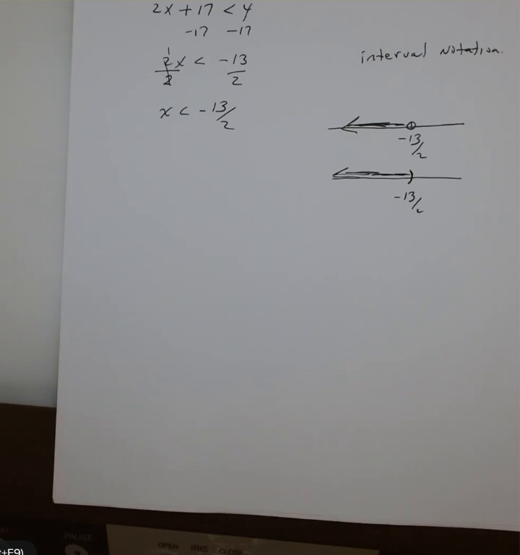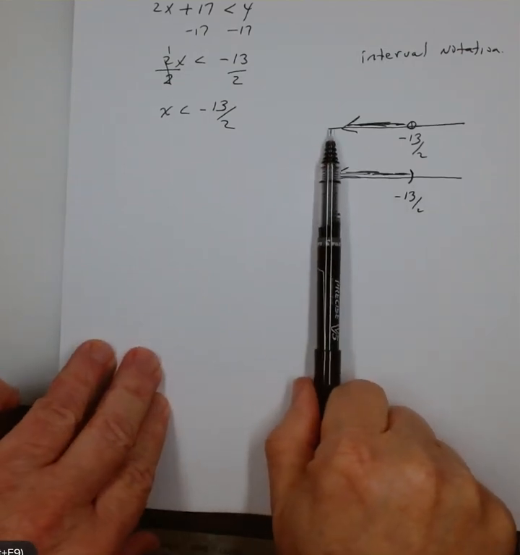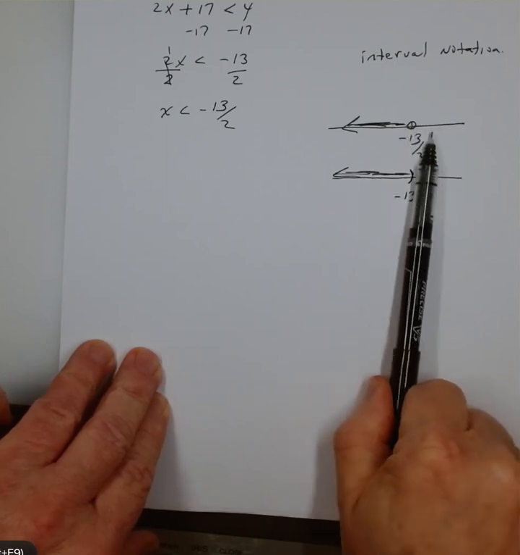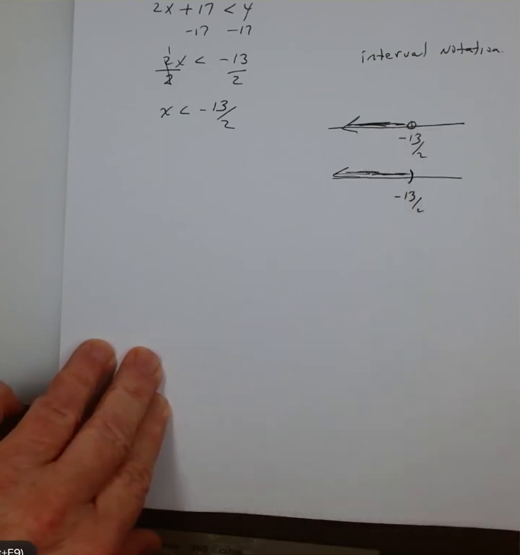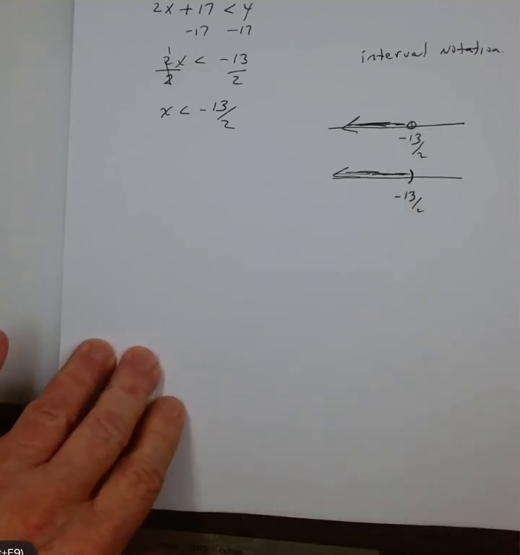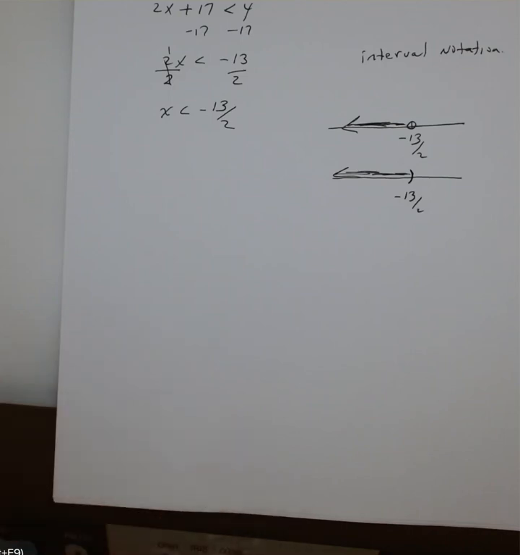Now to do the interval notation, you read it from left to right. Always go from left to right. That arrow is pointing towards what idea? Negative infinity. So as I go from left to right, I'm going from negative infinity all the way to what number? Negative 13 halves. And one of the things you learned in those lessons is that negative infinity and infinity are always parentheses.